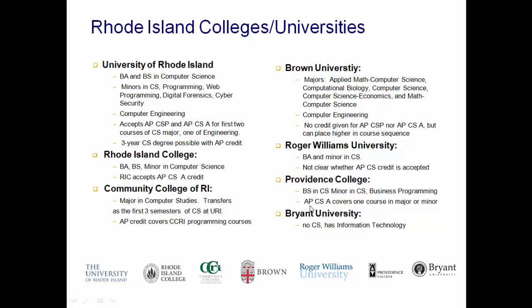And if you've taken the AP Computer Science A course, it'll cover one of the courses at Providence College. Bryant University has no computer science program, but they have a very good information technology program. Bryant University is a business-focused university, and their computer science-like offering is information technology applied to business.